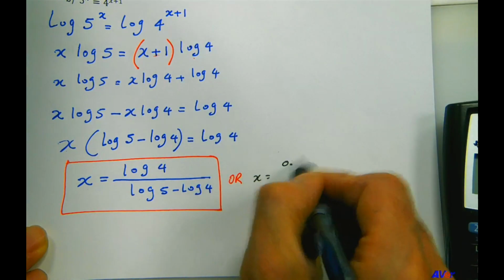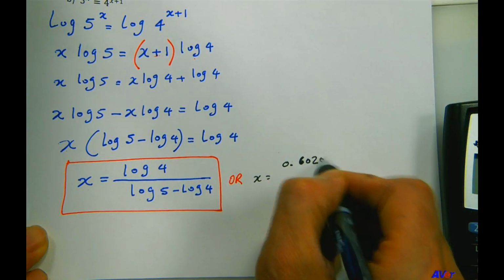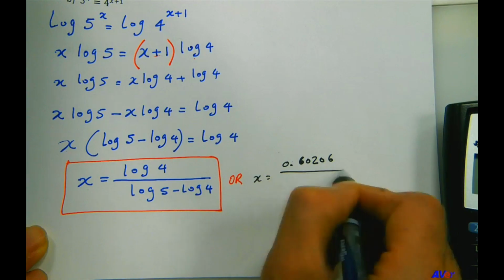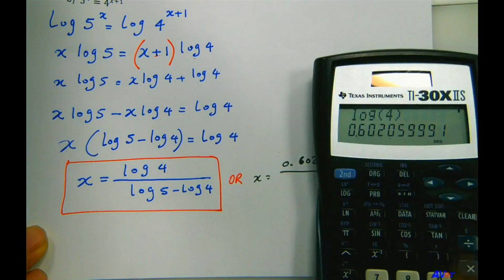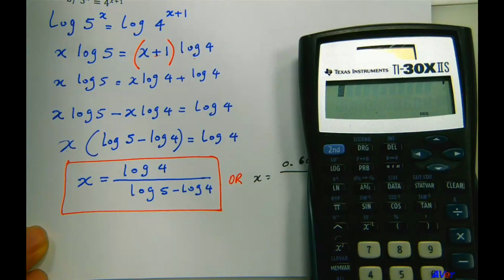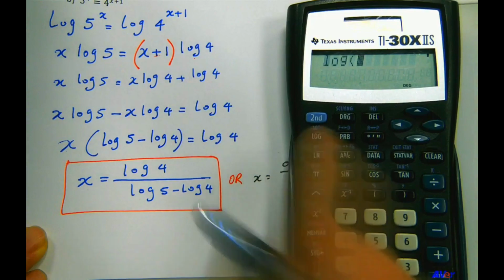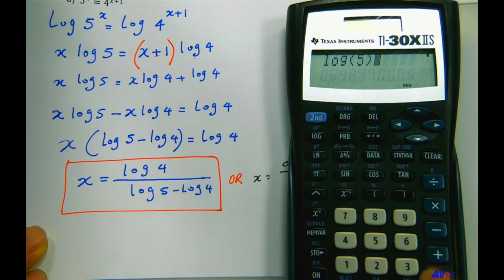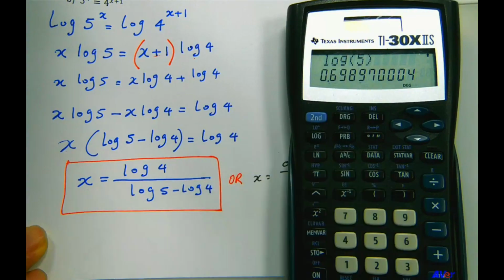So 0.60206 after rounding. Now log of 5, let's calculate that. I'm going to keep everything until 7. 0.69897.